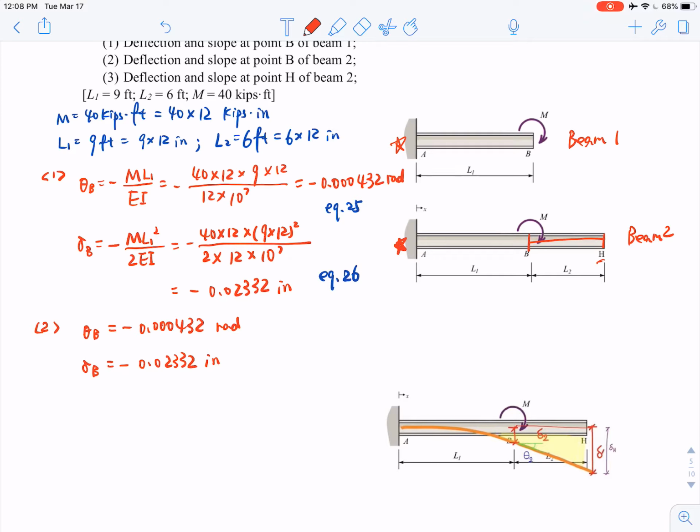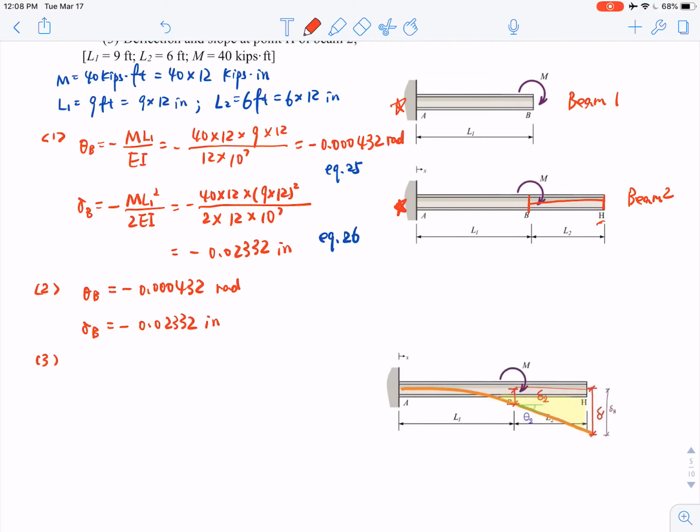Then how about the point H? Right, the point H is right here. So based on the loading, if you draw the bending moment diagram, you will get this. This should be a positive or negative bending moment?